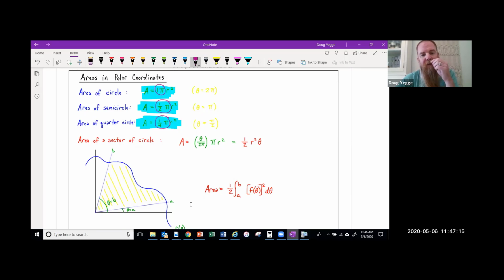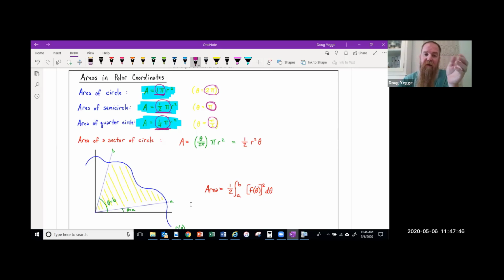So if we think about the angle that we turned through in order to create a full circle, we turned through an angle of 2 pi for the full circle, but I multiplied over here by pi. For a half circle, we turned through an angle of pi, yet we multiplied by pi over 2. For a quarter circle, we turned through an angle of pi over 2, but we multiplied by pi over 4.